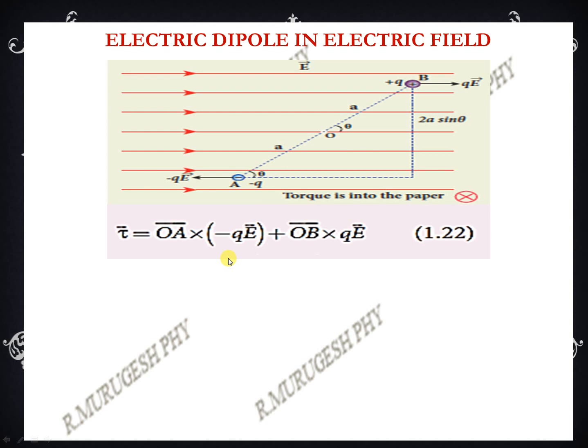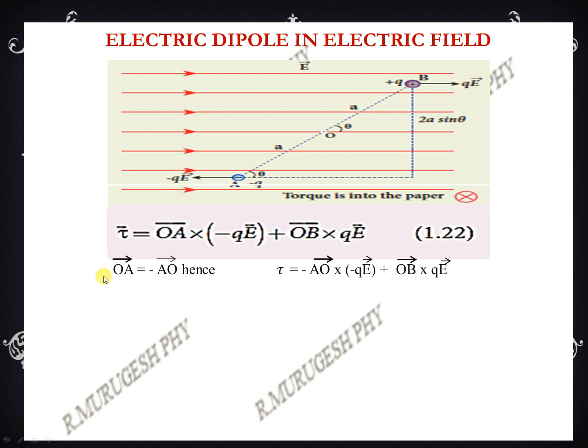Likewise, for the positive charge, the distance is OB vector and the force is QE vector. So that is the next torque. If you want the overall torque, it's OA vector cross minus QE vector plus OB vector cross QE vector.